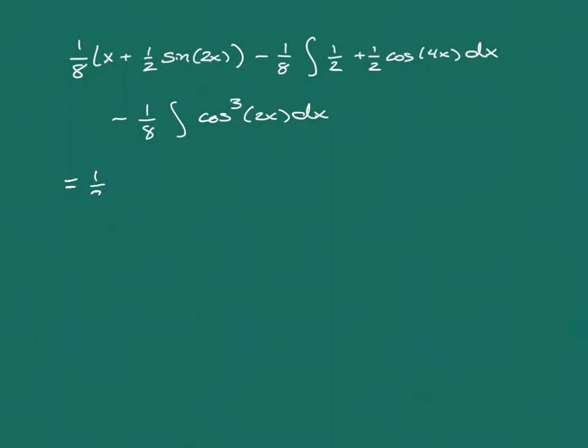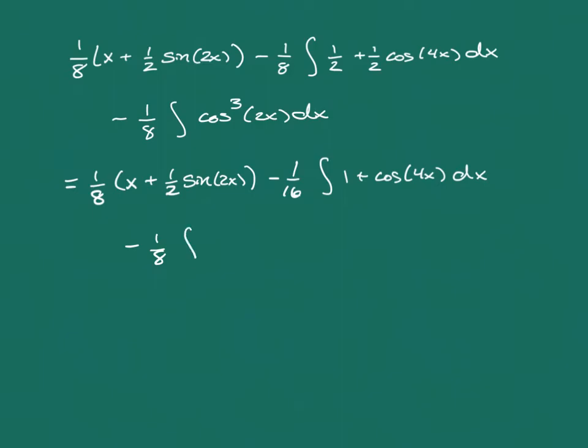So we've got our 1/8 x plus 1/2 sine of 2x minus a 1/16 the integral of 1 plus cosine of 4x dx, and then minus a 1/8 times the integral of cosine cubed of 2x dx.